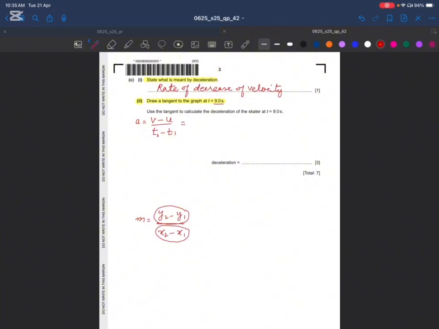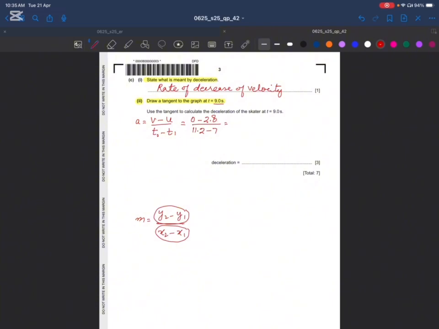What is the value of V? This is simply 0. And what is the value of U? This is 2.8. And as far as the time is concerned, here we have 11.2 and 7. So simply calculate this value and you will get the result.